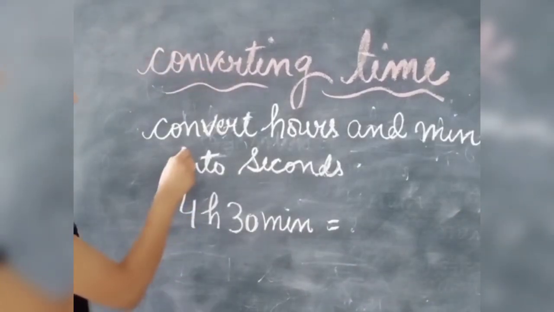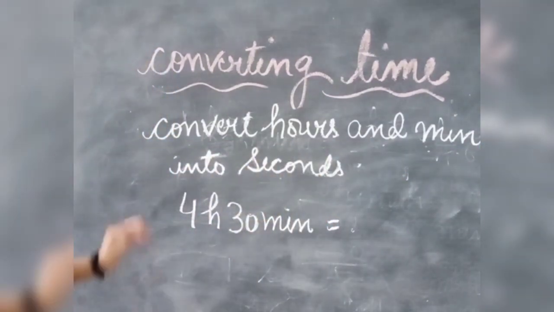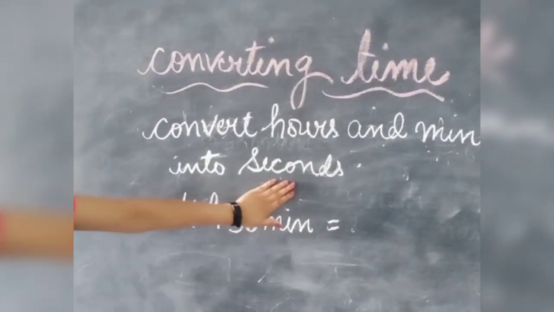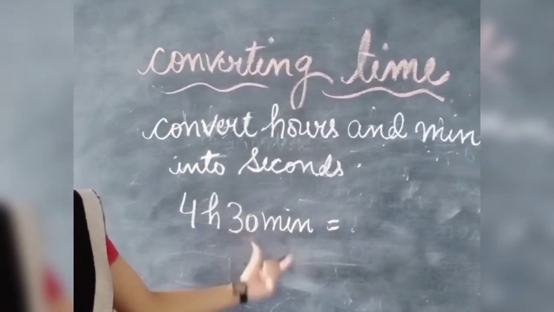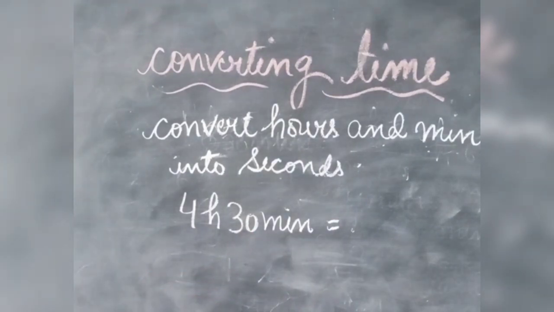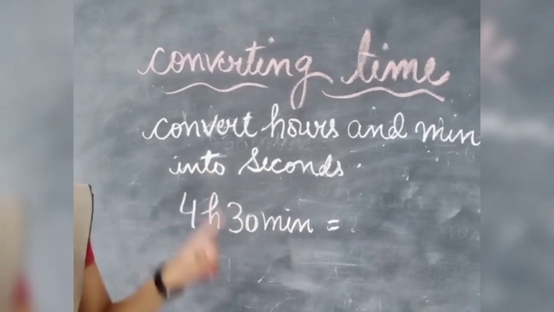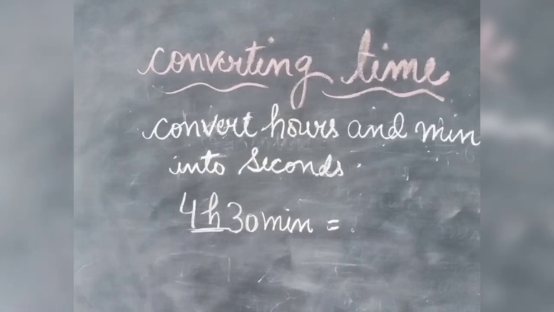Now we have to convert hours and minutes into seconds. Here is an example of 4 hours and 30 minutes. You have to convert it into seconds. For that, first you have to convert this hour into minutes.